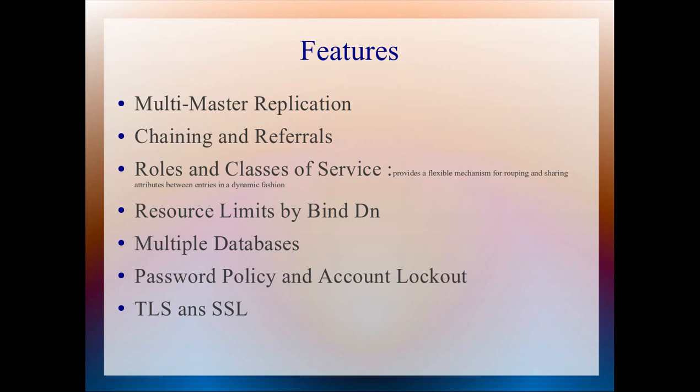You may have different credentials for connecting to the directory server, and they can have different resources assigned to them. Multiple databases: for example, we have a single directory server in which we have a database for multiple companies, company 1, company 2, company 3. Even that is possible.